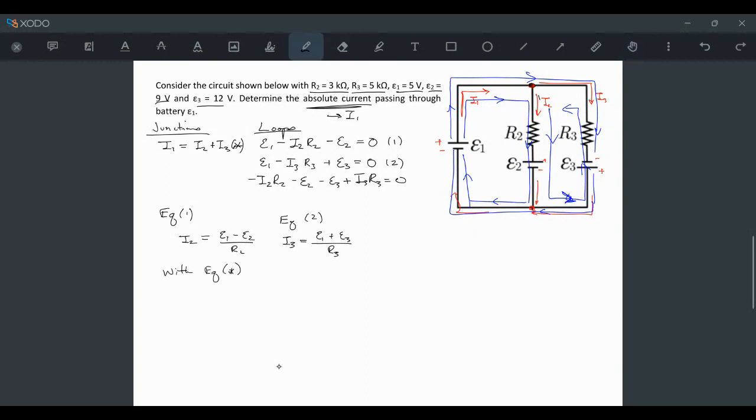Next we want to take equation star and put in our two results. I1 is equal to I2 plus I3, so that amounts to epsilon 1 minus epsilon 2 over R2 plus epsilon 1 minus epsilon 3 divided by R3.